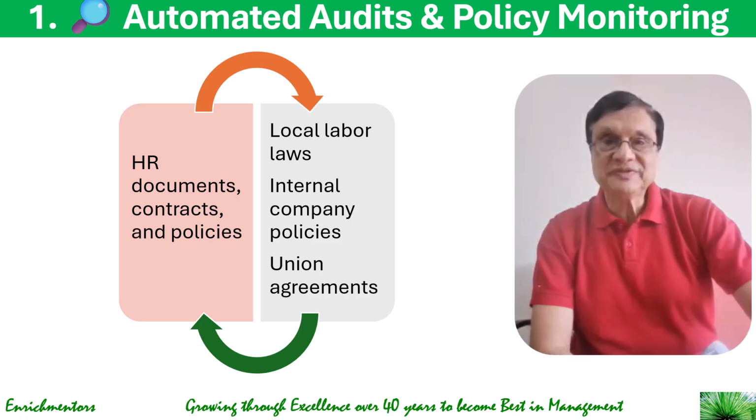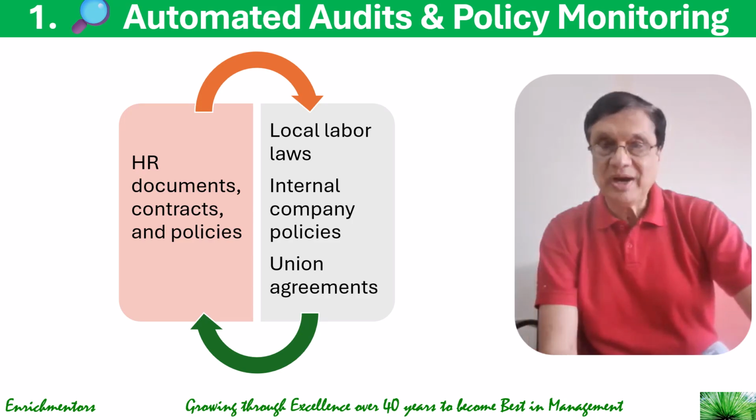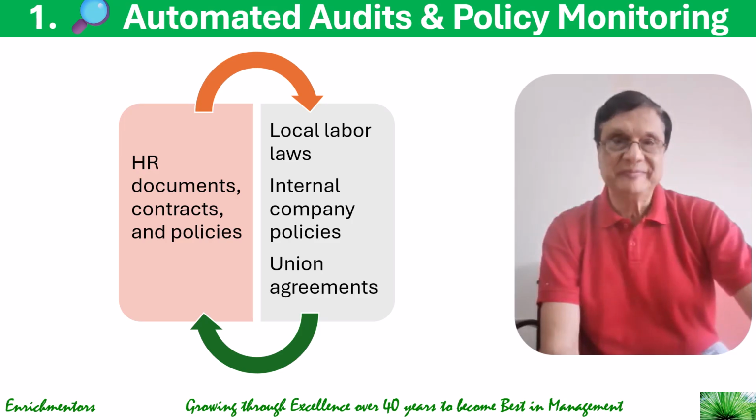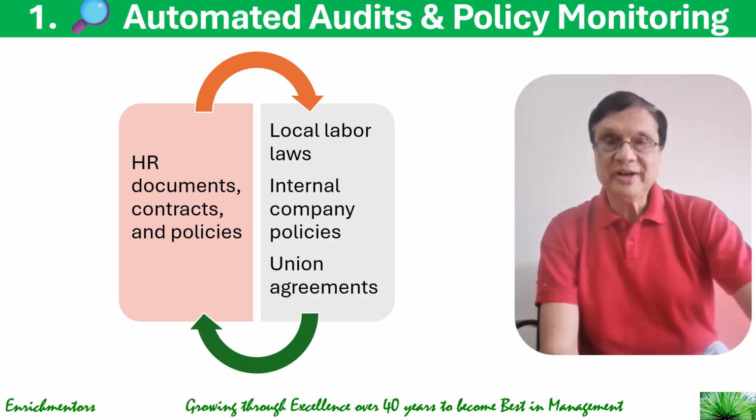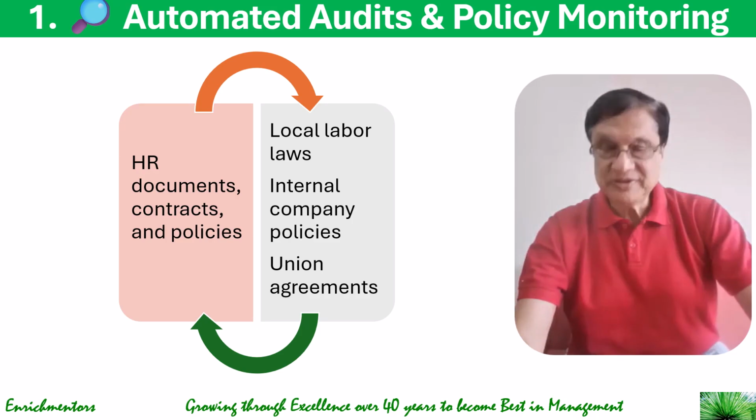An example of such automated audits and policy monitoring would be that AI audits whether exempt employees are receiving required break times or if overtime is being misclassified. So that's how the automated audits and monitoring happens by the AI.